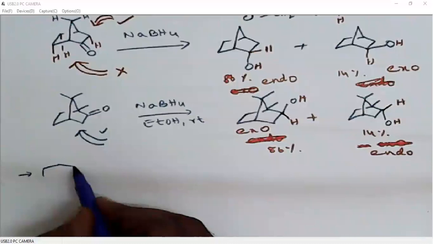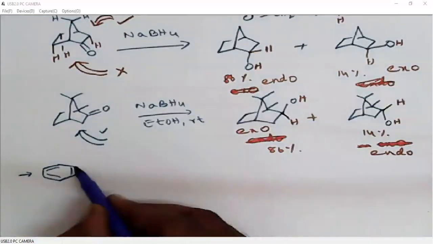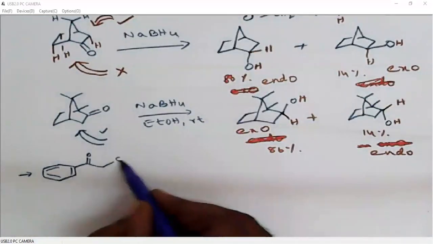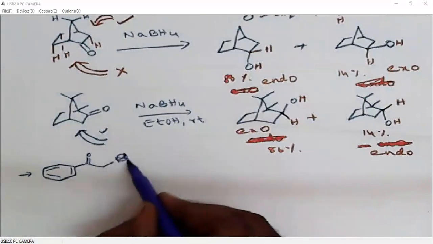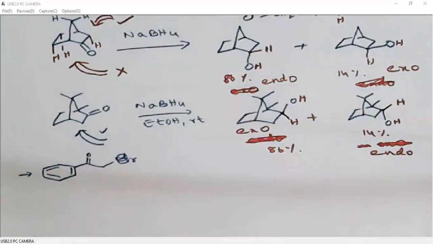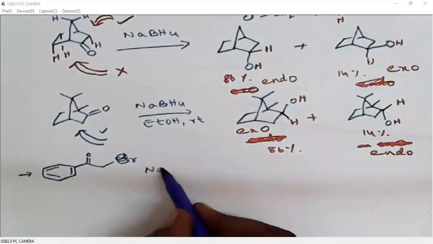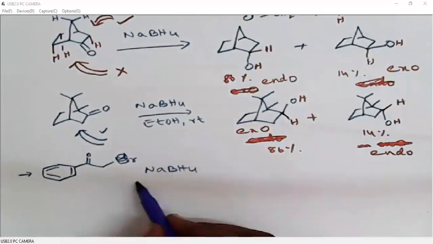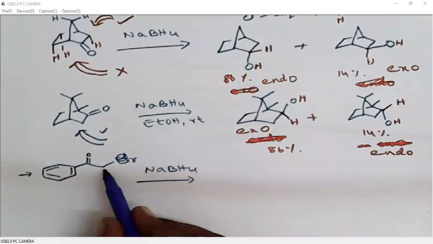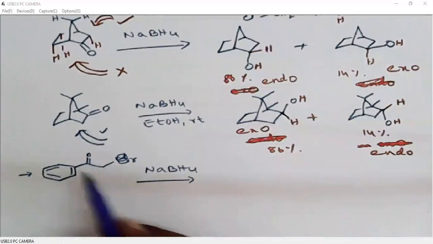Look at this example. So here, I think it is bromine. When we treat this with sodium borohydride, as I said, alkyl halides will not undergo reduction, only the ketone will undergo reduction.